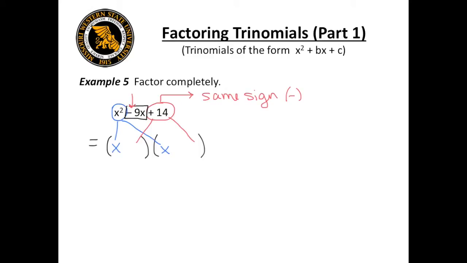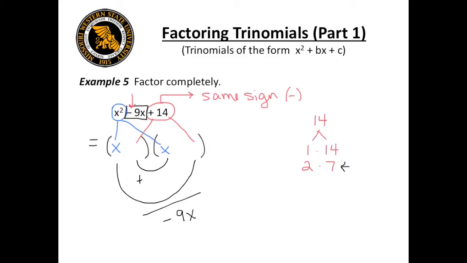So now let's determine the factors of 14. 1 times 14 gives us 14, as does 2 times 7. And that's it. So remember, the two factors that we choose must have the same sign, in fact, both negative. And ultimately, we want our inner product plus our outer product to equal negative 9x, that middle term in our trinomial.